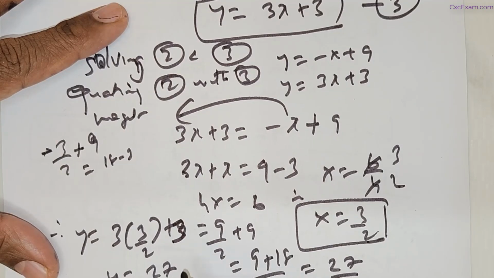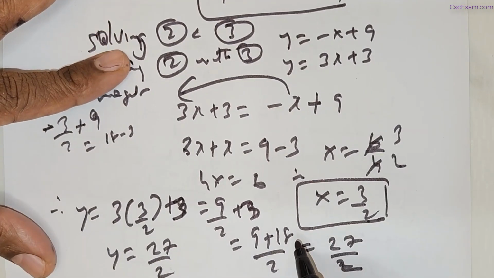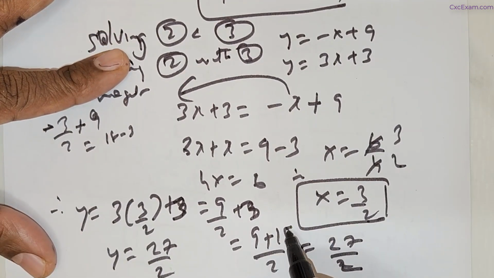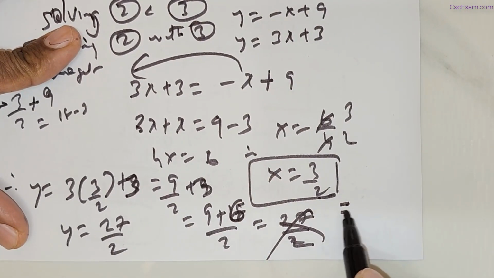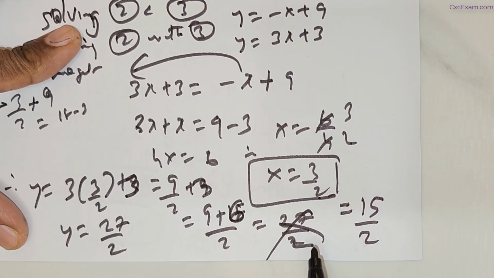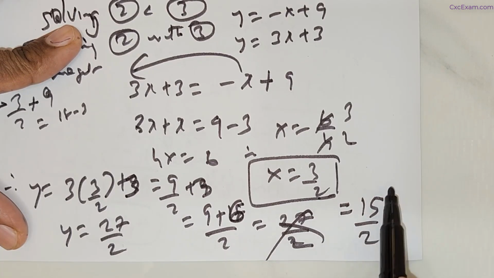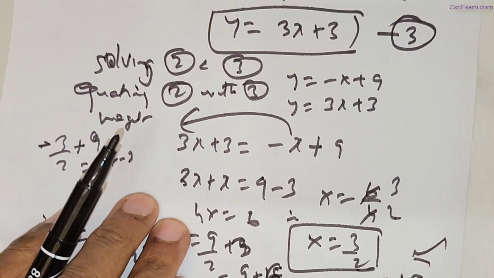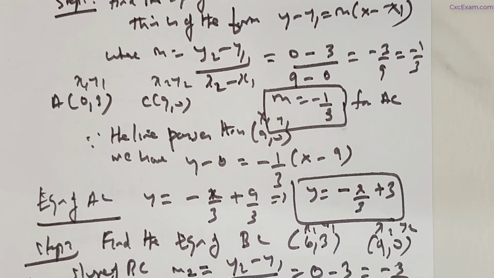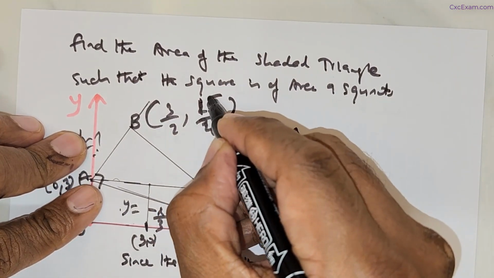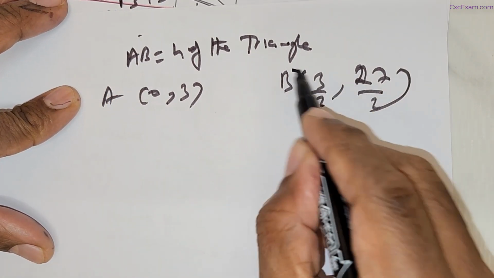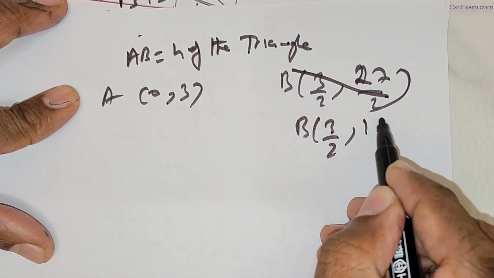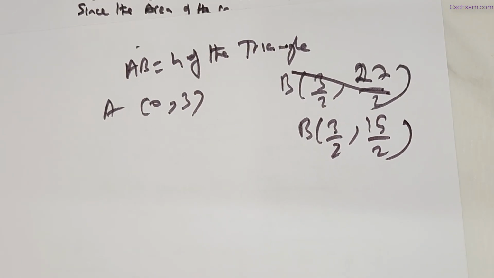So that would be incorrect. So 3 3s are 9 over 2 and 3. So this is not 18, this is going to be 6, so it's going to be 15 over 2. 15 over 2 is the correct point. Correction. So we are going to have a point 3 over 2 comma 15 over 2.